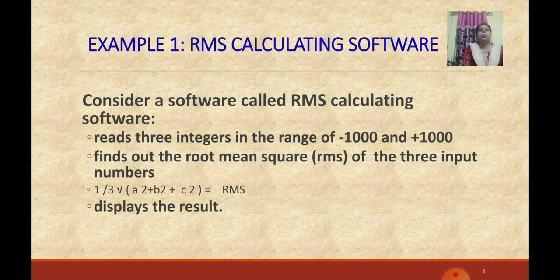It finds the root mean square (RMS) of the 3 input numbers. The formula is the square root of (a square plus b square plus c square) divided by 3. That is the root mean square. And then it will display the result. So this is the gist of the software. Means these are the functions of the software.